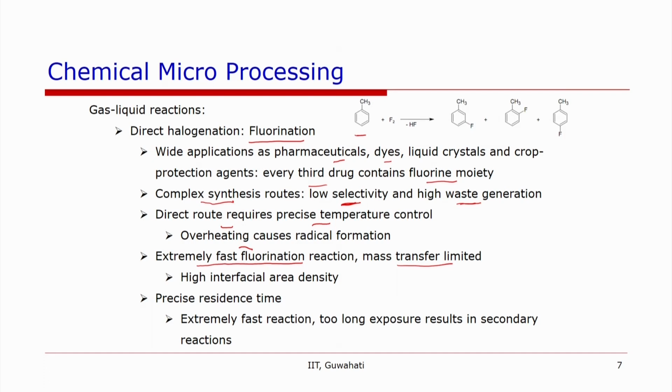Because it is an exothermic reaction, one needs good heat transfer and to try to maintain isothermal conditions in the reactor, which is very difficult in a large reactor, a stirred tank reactor for example, but it can be done in microchannels.